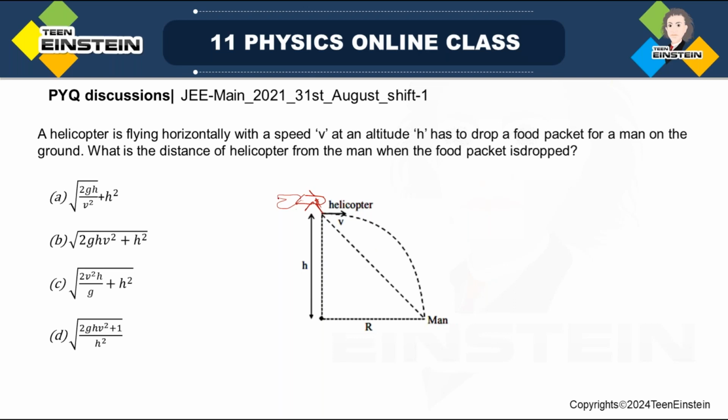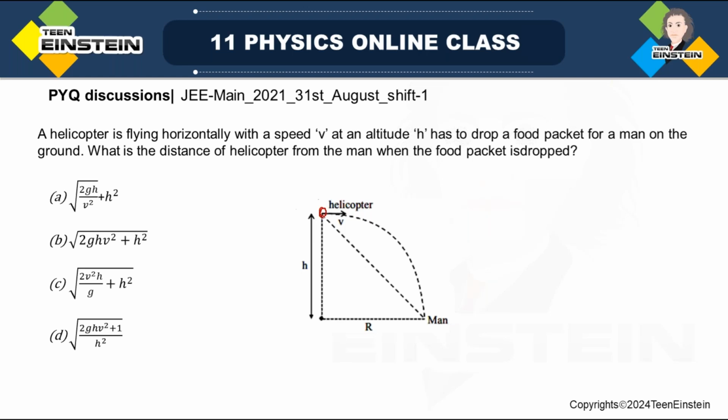So at this particular height, the food item is being given like this. I think, see, this is not thrown, this is just dropped. Drop means, when the helicopter was here, just dropped.